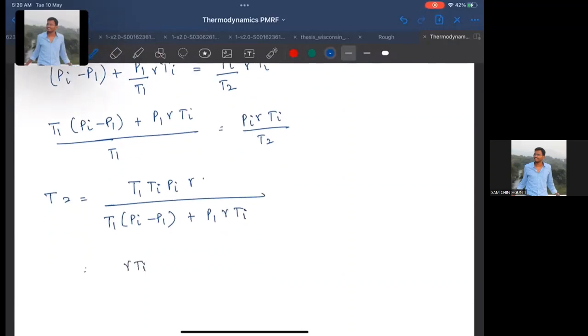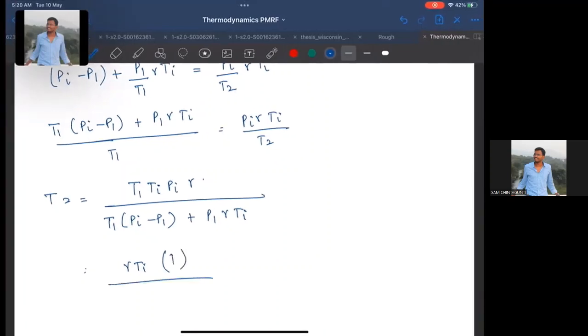We divide the numerator and denominator by Pi.